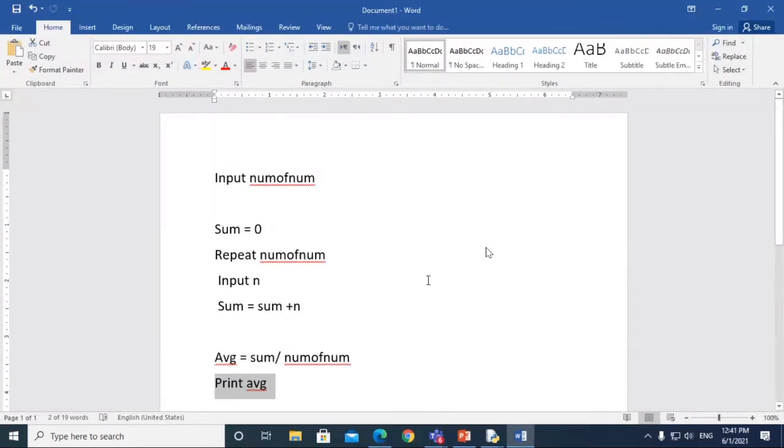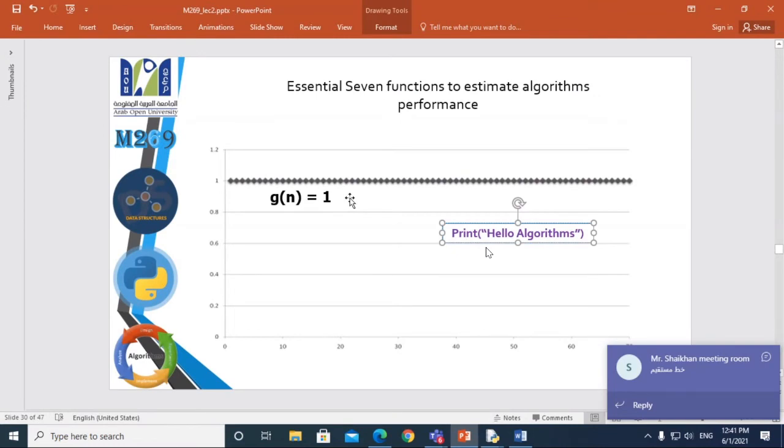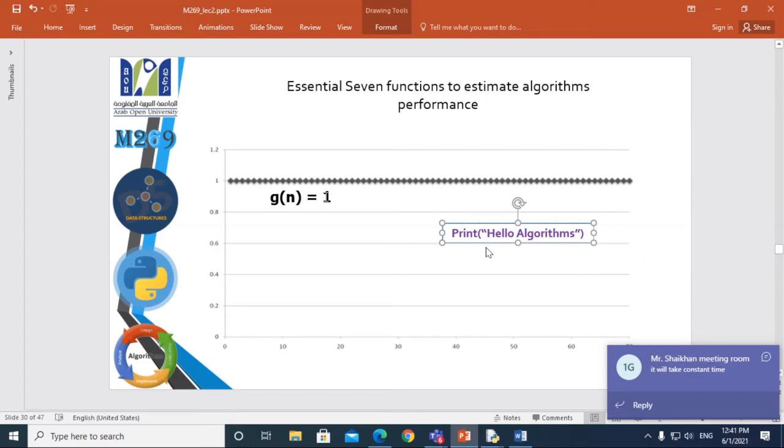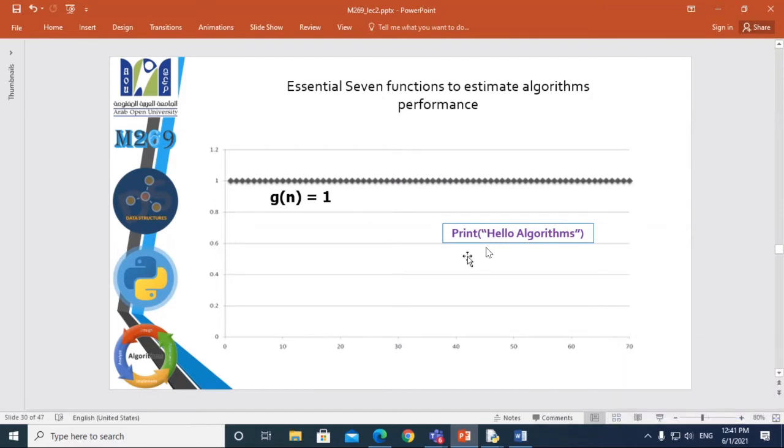That is a straight line, it will be executed one time, linear. So that's why the answer is 1. Done, it's enough.